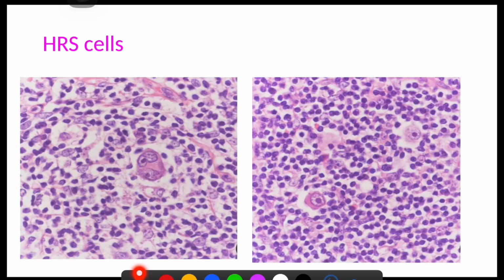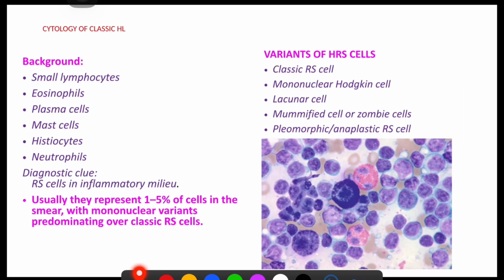This is the histo section where we can find HRS cells like this, having owl eye appearance, oval nuclei, binucleation, prominent eosinophilic nucleoli, and this is the mononuclear variant of this HRS cell. And in classic HL, we will find in background small lymphocytes.